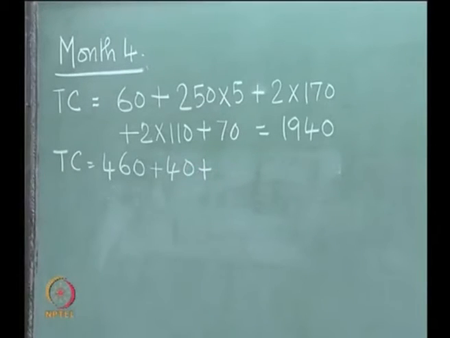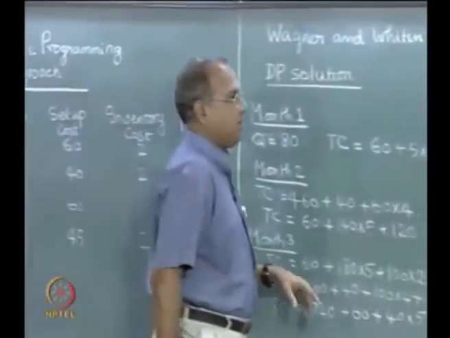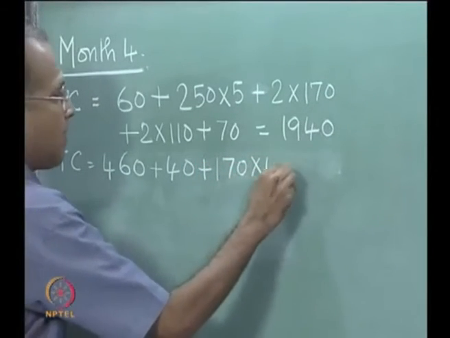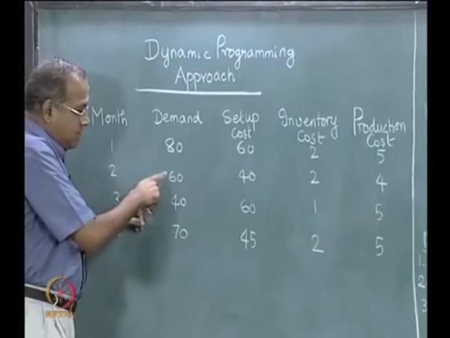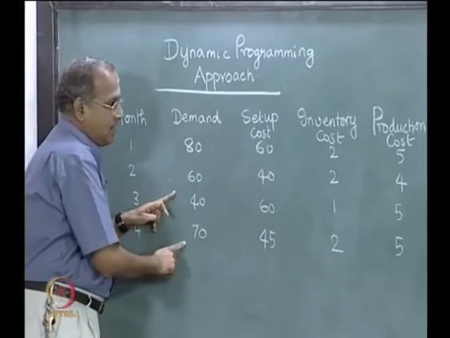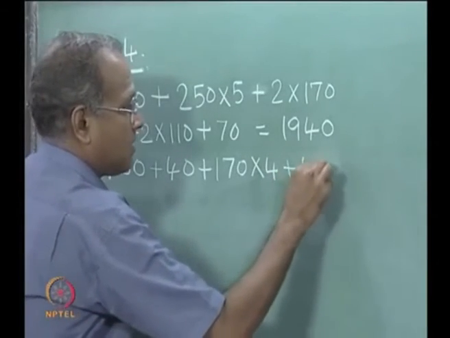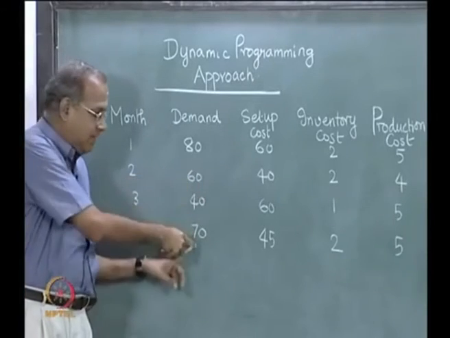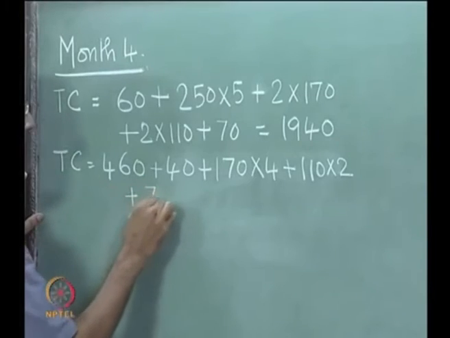The production quantity is 170 and the cost is 4, so 170 into 4, plus out of the 170, 60 is consumed, 110 is carried, 110 into 2, plus out of the 110 that is brought here, 40 is consumed, 70 is carried, 70 into carrying cost of 1 is 70.